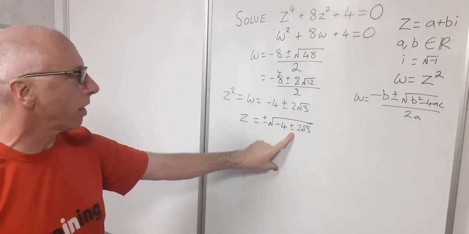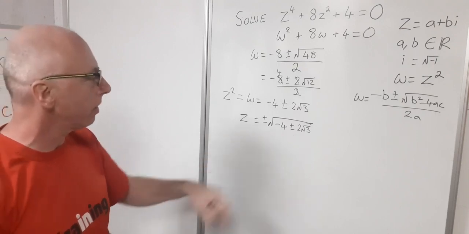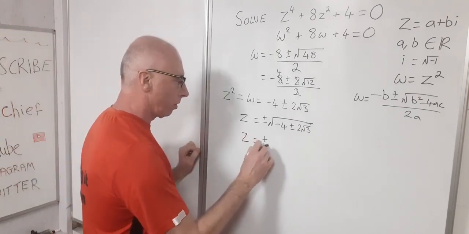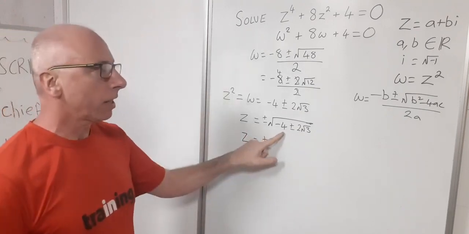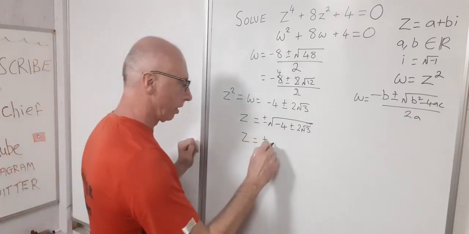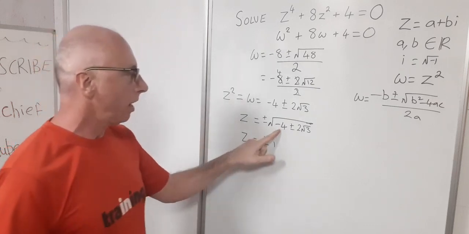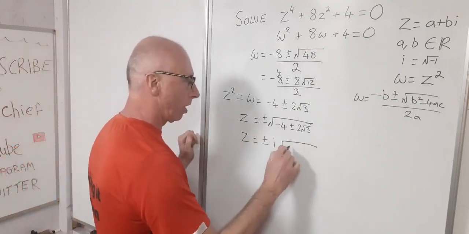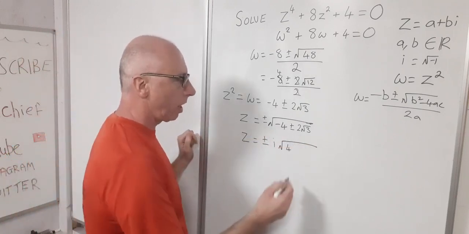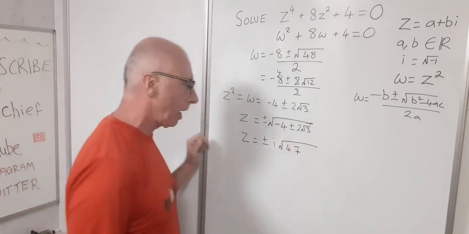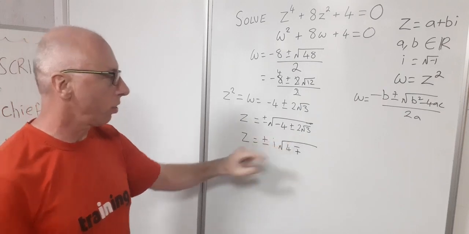If I take a square root of minus 1 out of this, I can rewrite this as z equals plus or minus i times the square root of 4, and here I can flip these signs, so I write minus plus instead, just to be algebraically correct, and then 2 root 3.